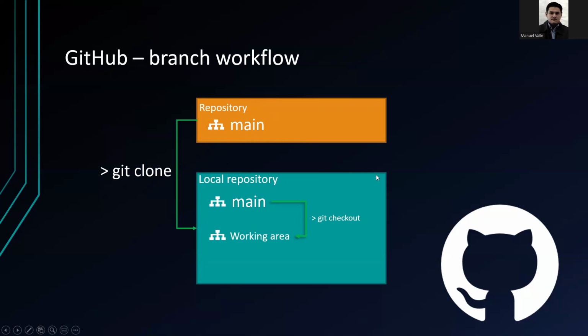That local repository contains a local branch. So this local branch is the main, and as I mentioned, when we change something in the code, then that converts in a working area. Okay, I still know it's a little bit confusing, but don't worry, it's gonna be clear in a few minutes.